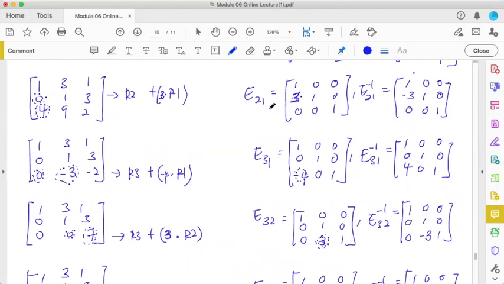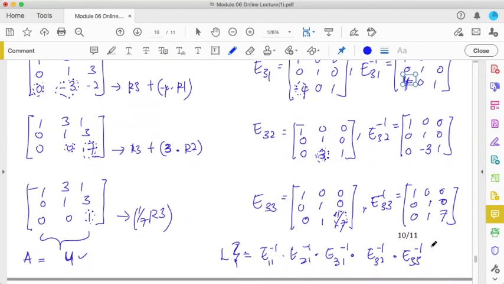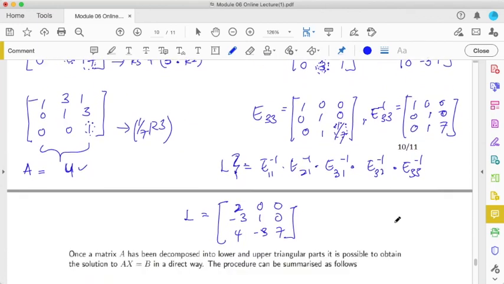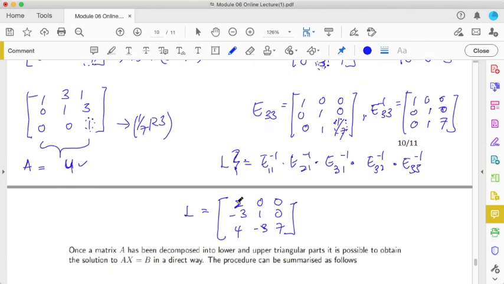So for E21, the one that changes is -3. That one will be reflected in your final multiplication, and 4 and -3 and 7. So you can see here 2, -3, 4, -3, and 7.